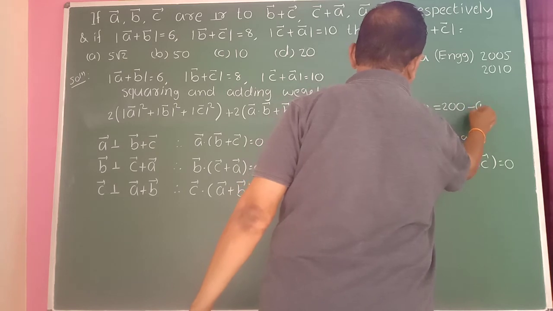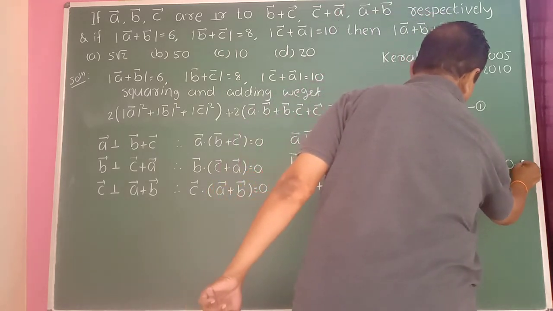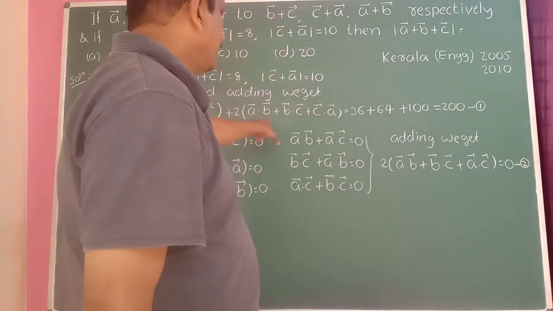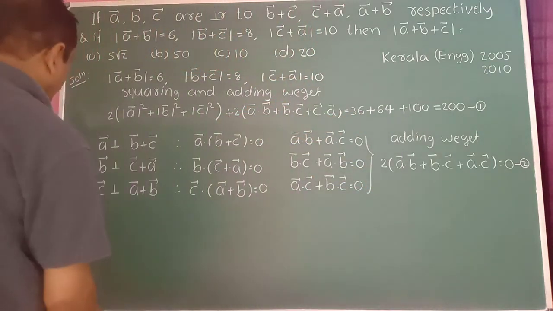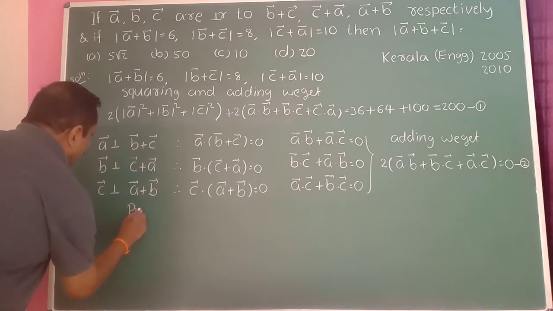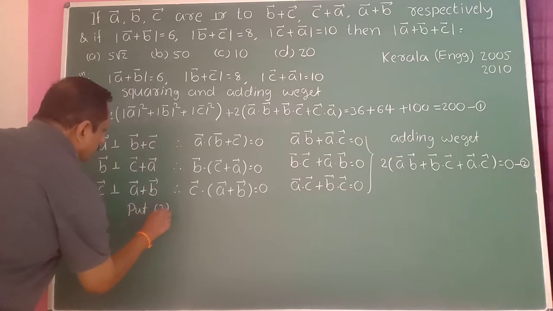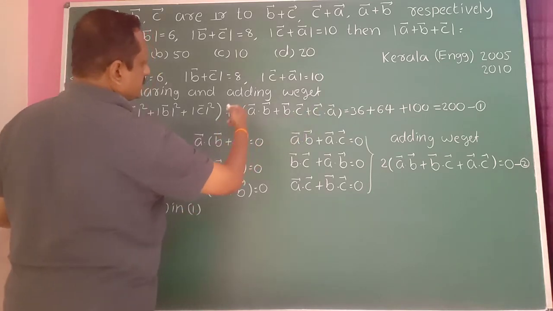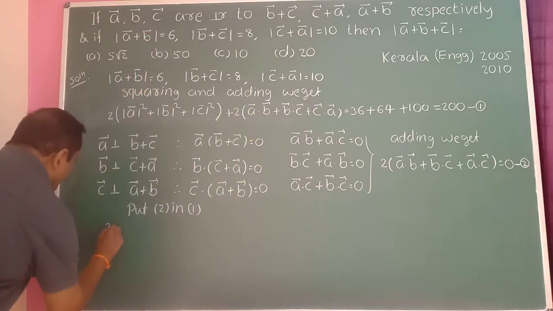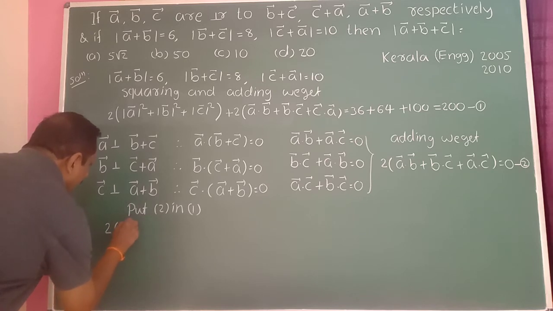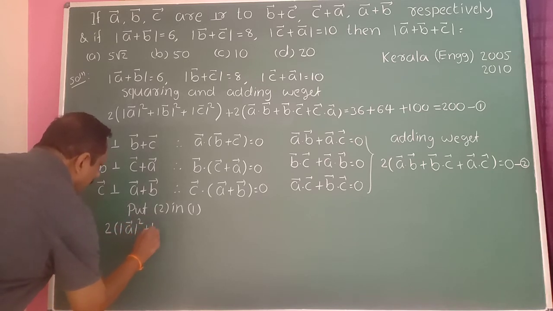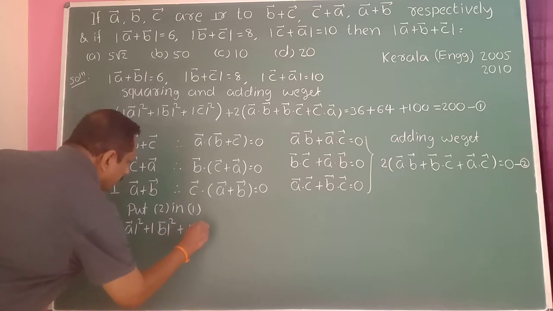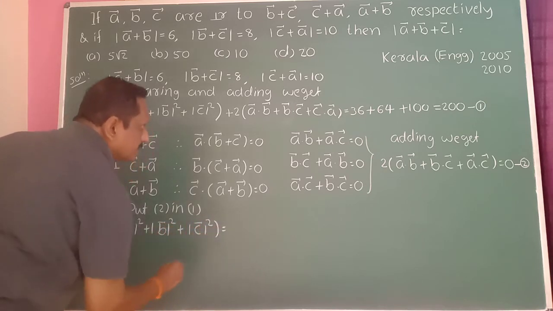Take this as result 1 and take this one as result number 2. Use 2 in 1 here. This becomes 0. So therefore, put 2 in 1, and this complete term becomes 0. So 2 times modulus of a bar square plus modulus of b bar square plus modulus of c bar square is equal to 200 here.